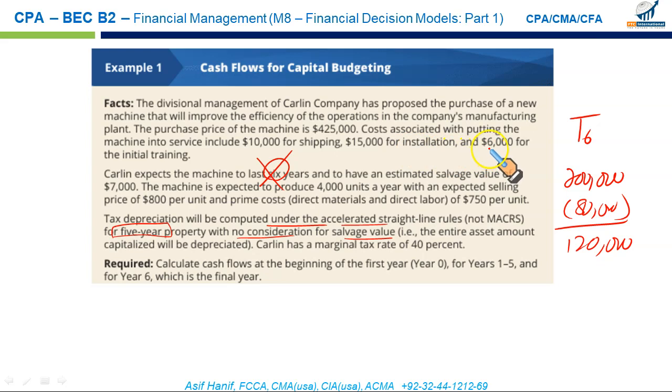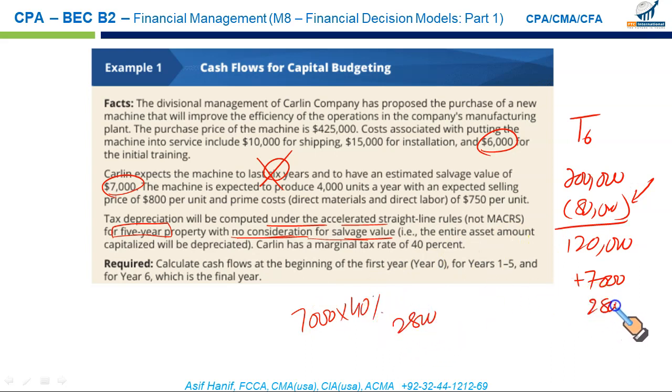If you just look at this, it says that at the end of the project, the asset would be sold at $7,000 at the end of year 6. So you will surely receive $7,000. But since the book value is 0 at the end of the project, with no salvage value for tax purposes, the whole of this amount is gain, and you must pay tax on the gain. Tax on the cash flows has already been paid. So 7,000 times 40% is going to be 2,800.